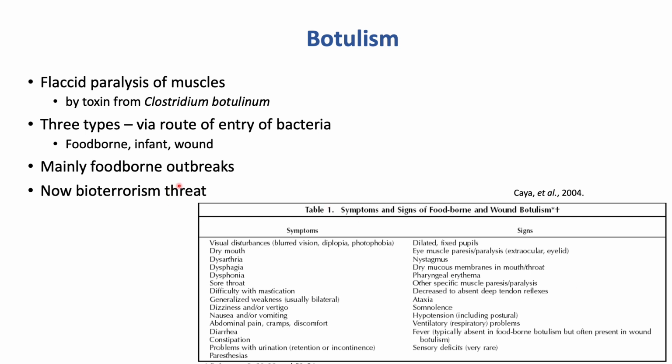Foodborne botulism is the most common one, and it has caused outbreaks in the past. The Clostridium botulinum toxin is categorized within the category A bioterrorism agents, mainly due to its toxin's great lethality. Organisms within this category are considered to be deadly pathogens.